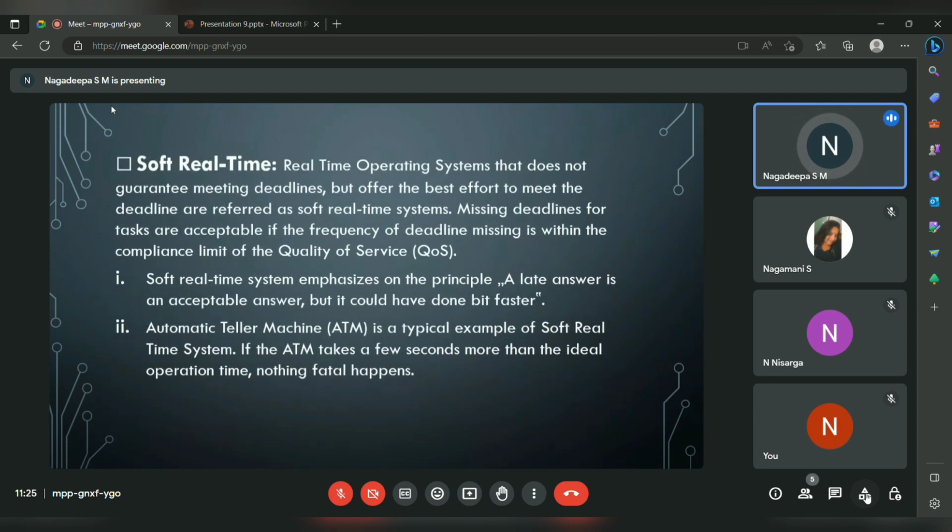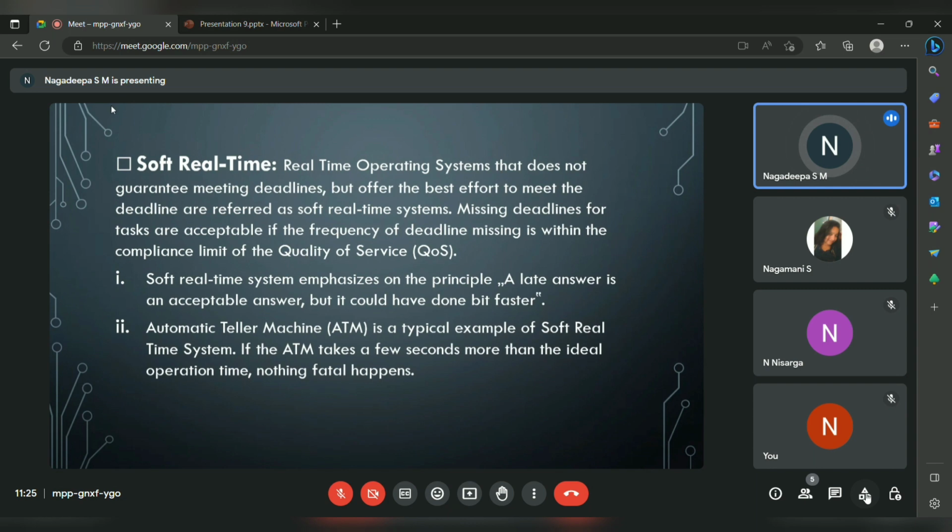Next is the soft real-time operating system. Real-time operating systems that do not guarantee meeting deadlines but offer the best effort to meet the deadline are referred to as soft real-time systems. Missing the deadlines for a task is acceptable if the frequency of deadline misses is within the compliance limit of the quality of service, that is QoS.